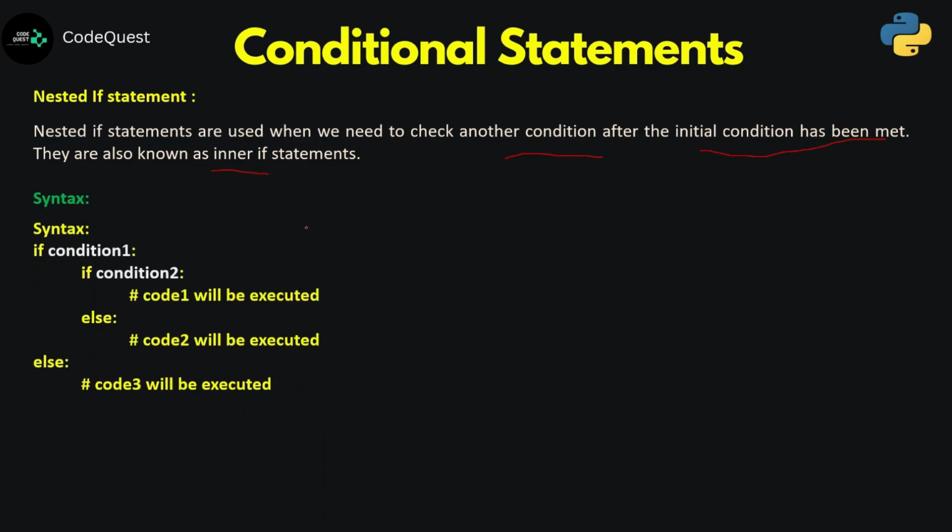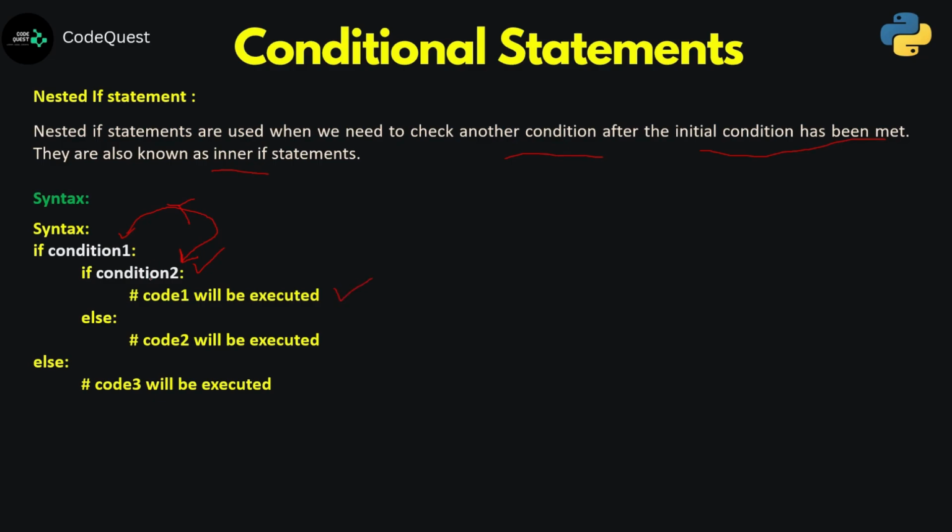Let us see the syntax, one of the syntaxes actually. Here I am writing if condition 1. If this condition 1 has been tested true, then only it is going to come down to another condition that we have written again here with if, that is condition 2. If this condition is also true, then your code 1 will be executed.